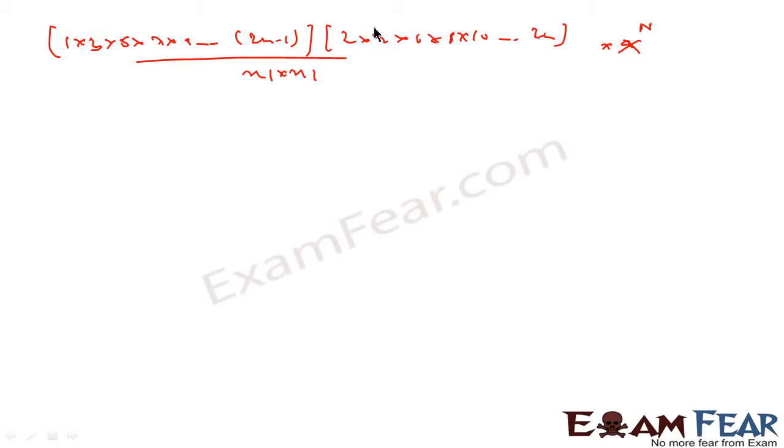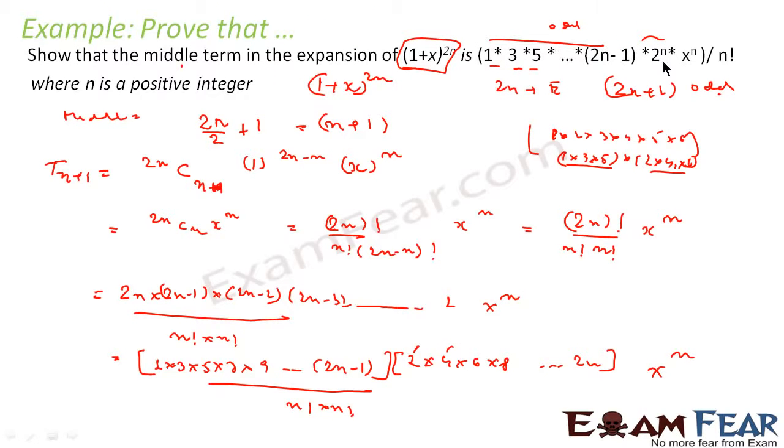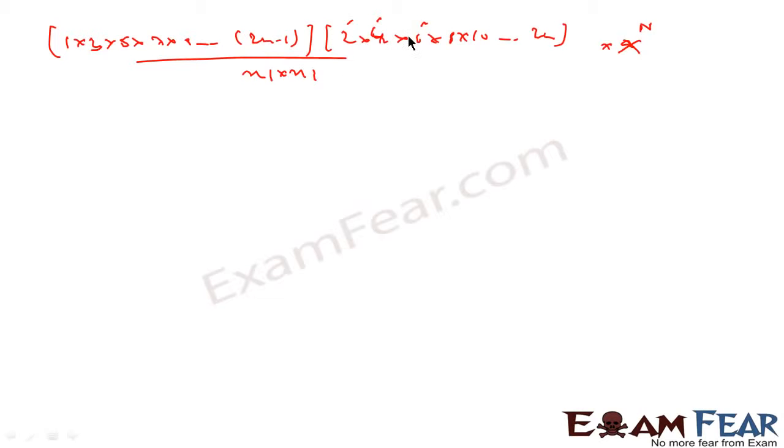Now since we know 2 is common here, all are multiples of 2, and in the question also you see we wanted something to the power n, x to the power n. So we'll take 2 common here. So this part will become 1, 3, 5, 7, 9 till 2n minus 1.